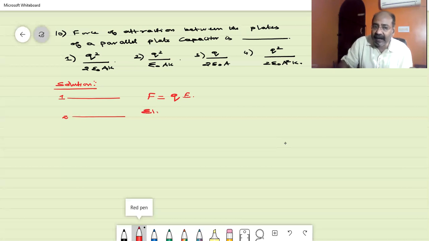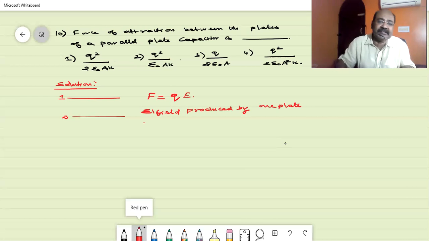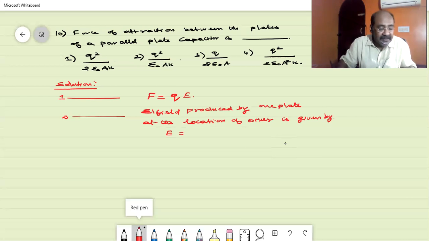See, we should know that the electrical field produced by one plate at the location of the other is given by the formula E equal to sigma divided by 2 epsilon 0 into K. Isn't it?